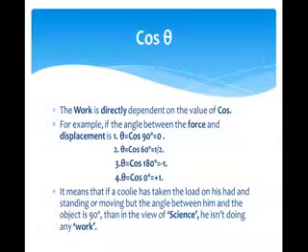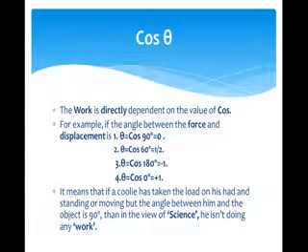Cos theta. The work is directly dependent on the value of cos theta. For example, if the angle between the force and displacement is first, theta equals 90, cos 90 equals 0. Theta equals 0, cos 0 equals plus 1. Theta equals 60, cos 60 equals half, and theta equals 180, cos 180 equals minus 1.